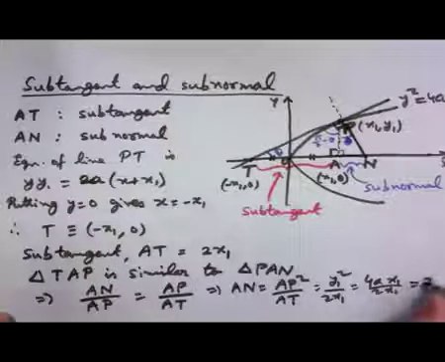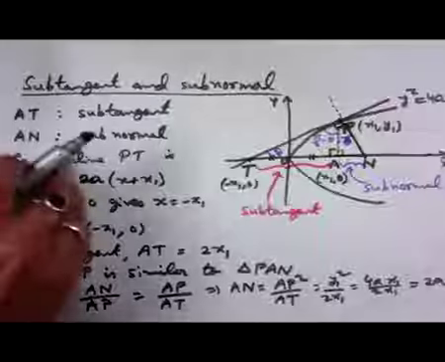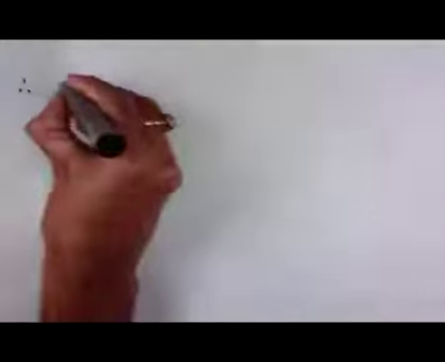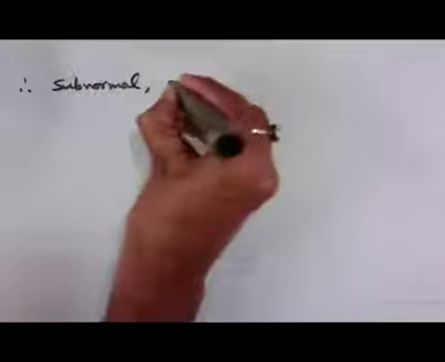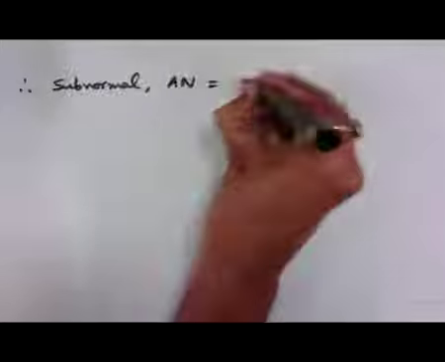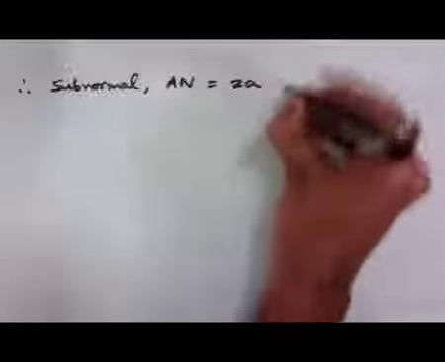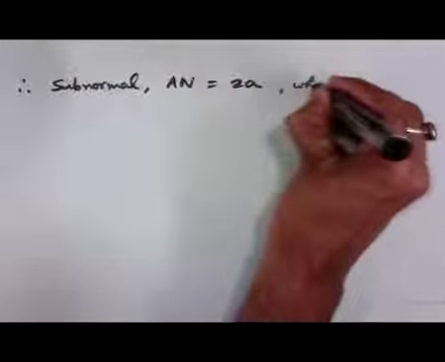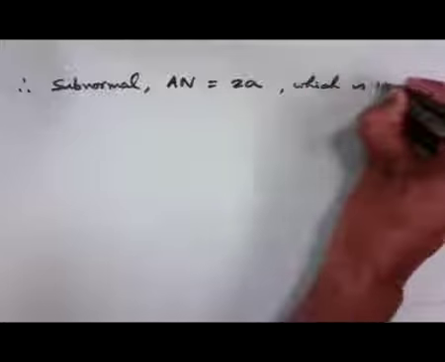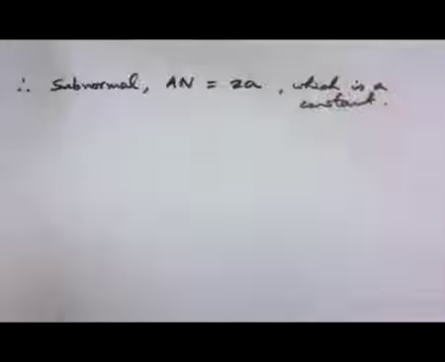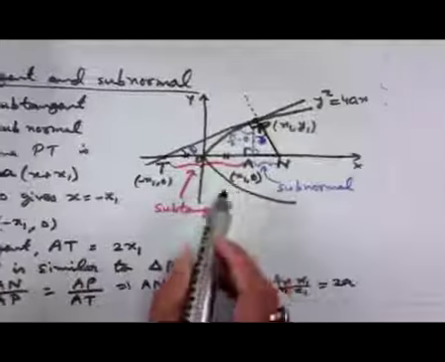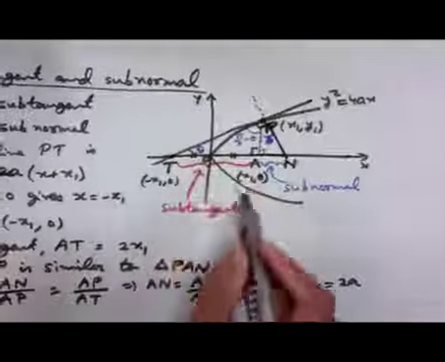So, this is constant 2 a. So, therefore, subnormal A N is equal to 2a, which is a constant. So, subnormal does not depend on the point x 1 y 1, whereas subtangent depends on the x coordinate of the point x 1 y 1.